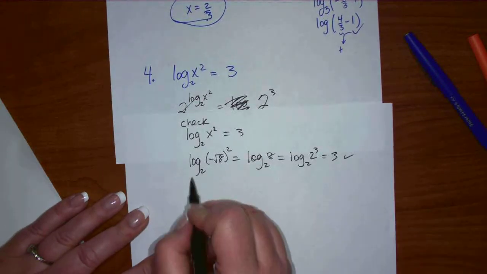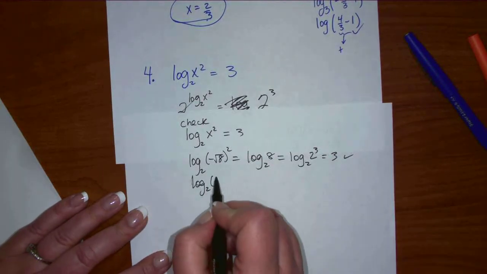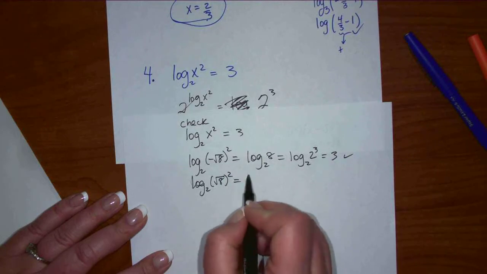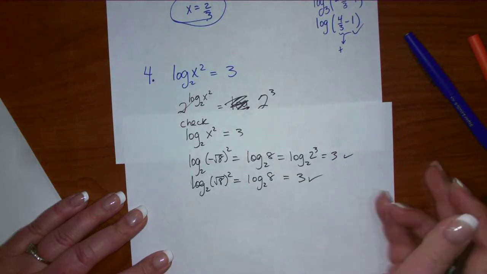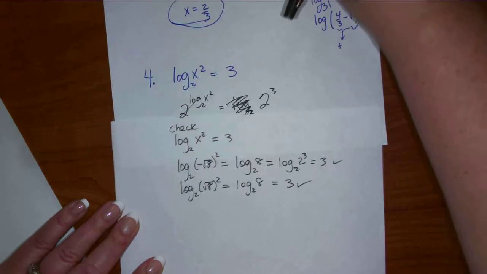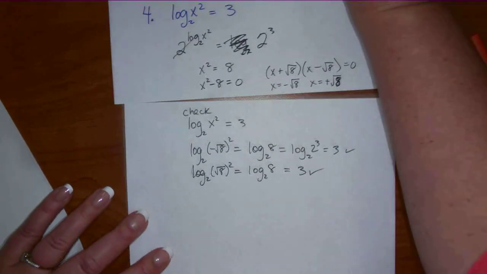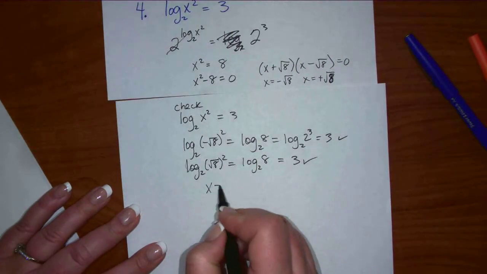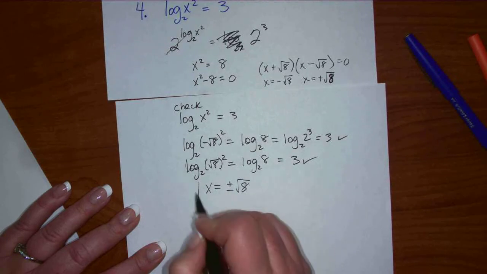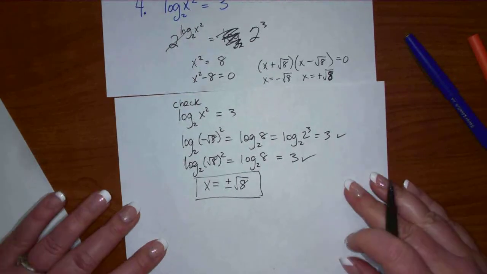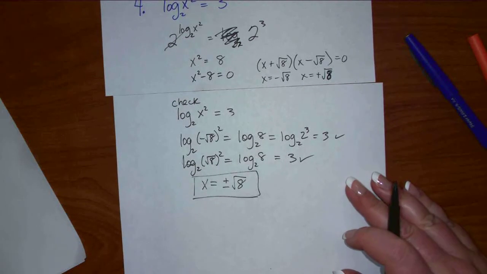And the same if we plug in just root 8 squared, 8. So what's the solution? x equals, you could say plus or minus root 8. Both of them work.